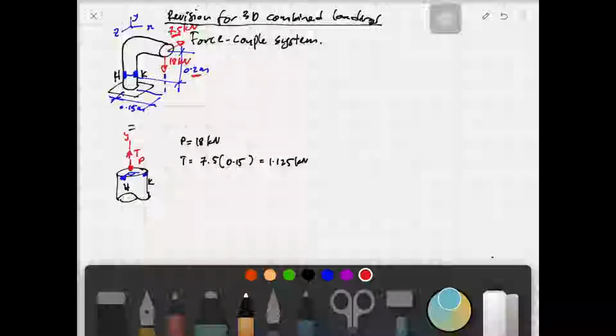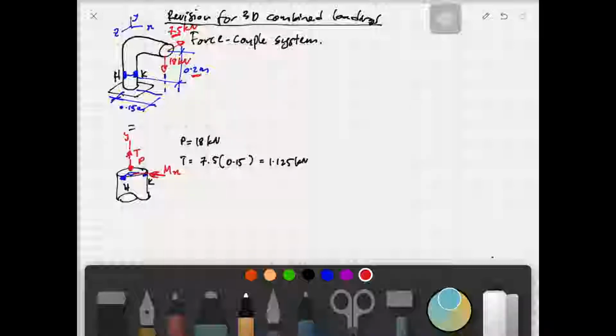So from this view, this is moment x. By the way, moment and torque, the unit for both terms are the same. We have moment x on that direction.